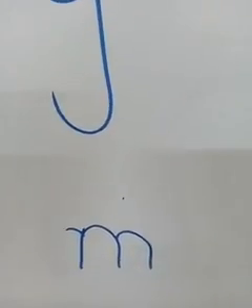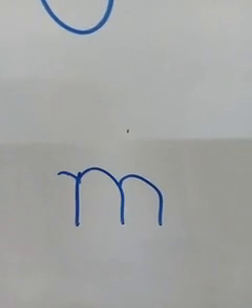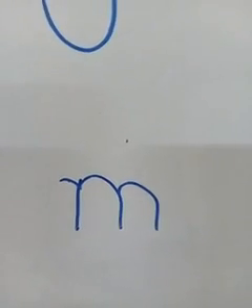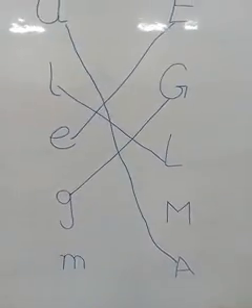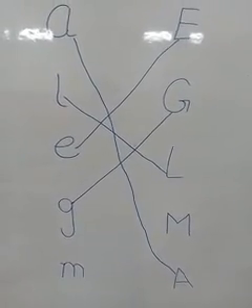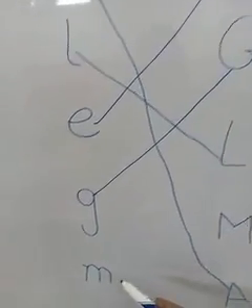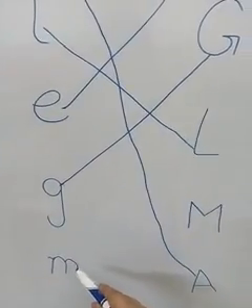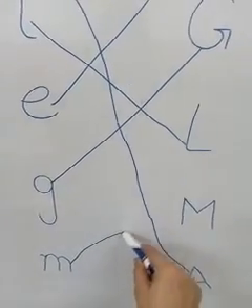M. Which letter is this? Yes, it's M. And now we are going to join the small one with the capital. Where's the capital one? Yes, capital M is here. So we are going to join the small with the capital.